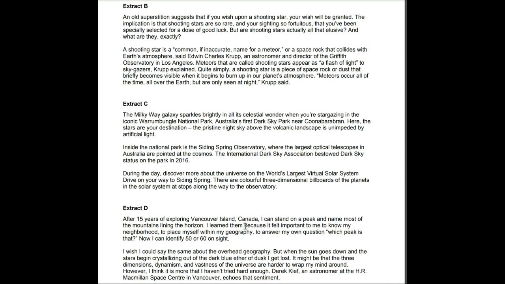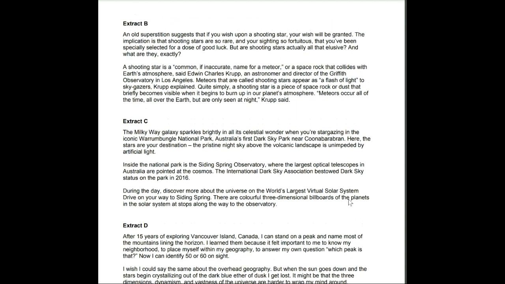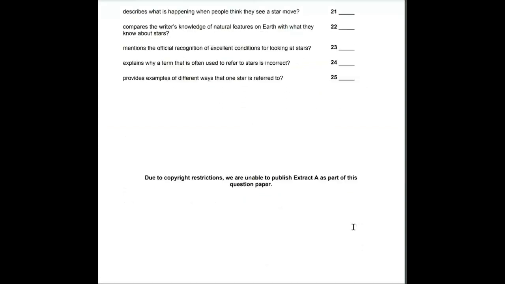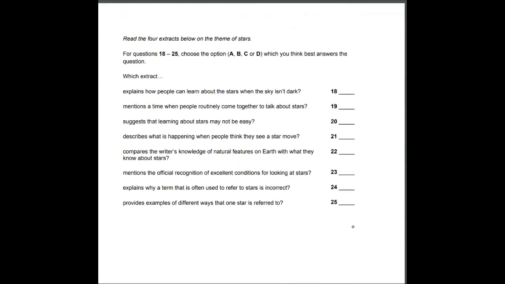The only real extract which talks about the observation of the stars would be extract C. We've got the Siding Spring Observatory, we've got the world's largest virtual solar system drive. It's really the only paragraph that talks about these conditions for observation, so that means our best answer for 23 is in fact C.